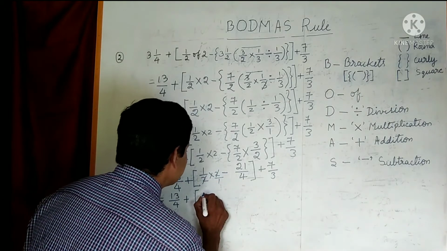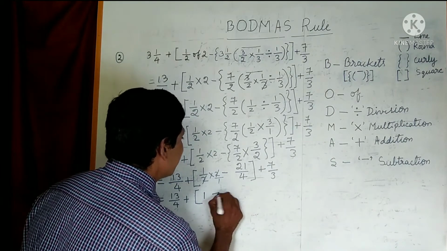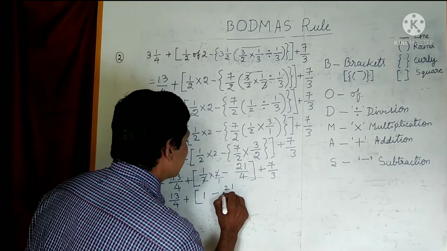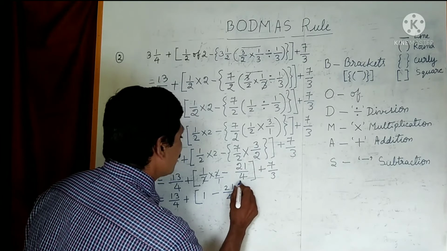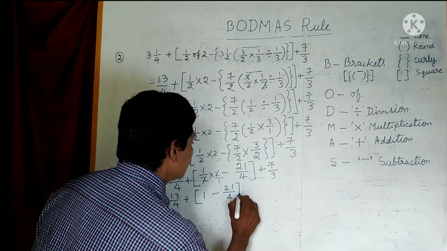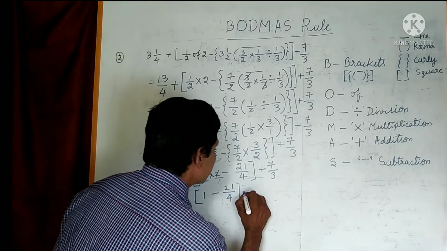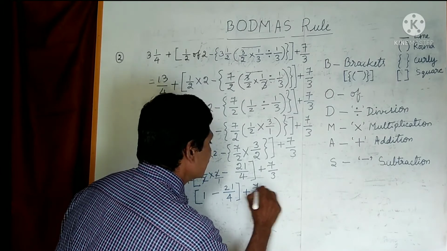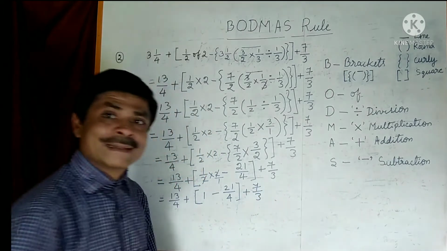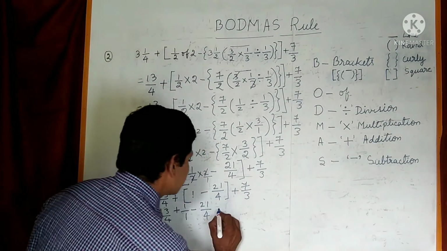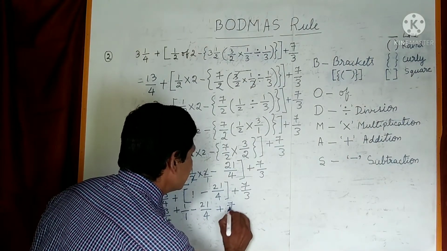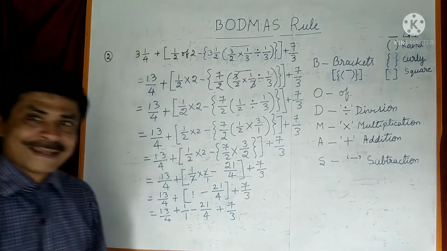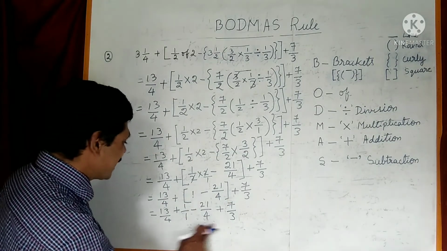So this will become 1 minus 21 divided by 4 plus 7 by 3. Now the denominators are different.